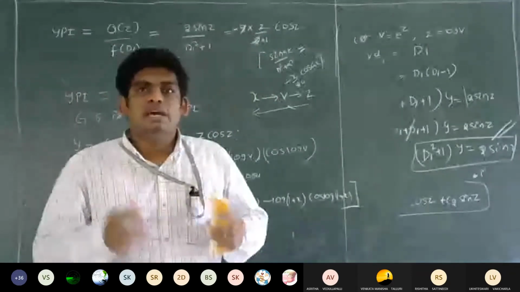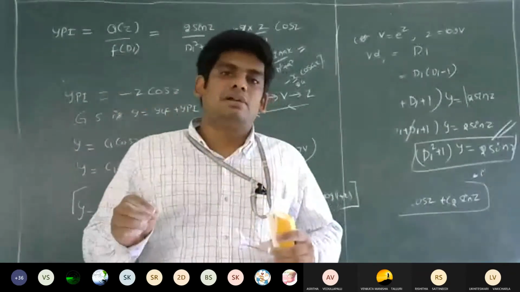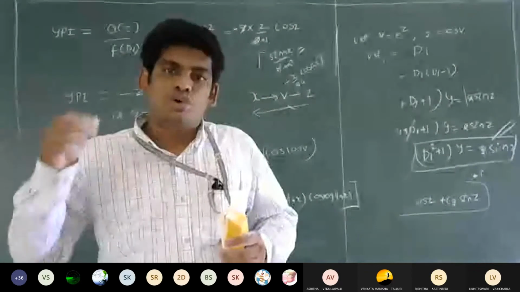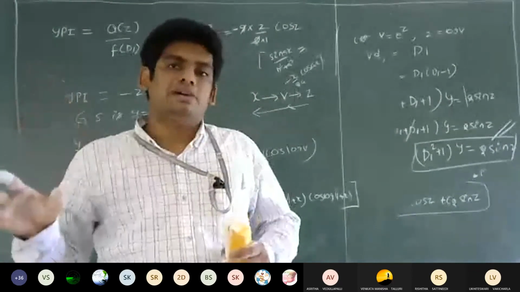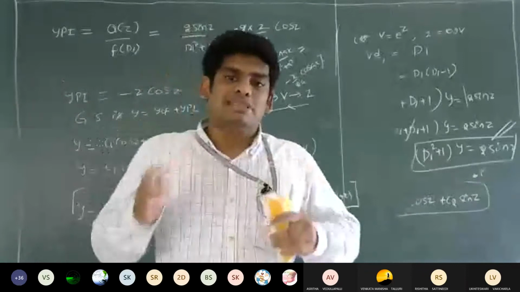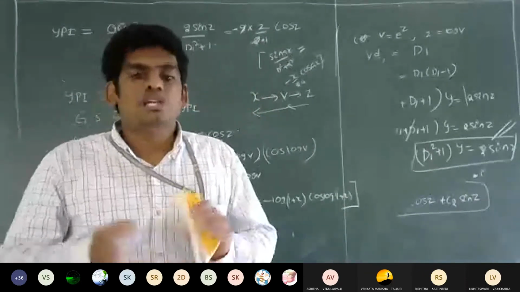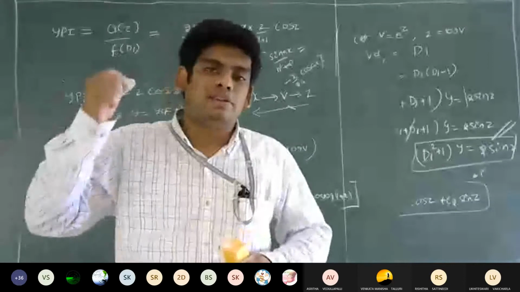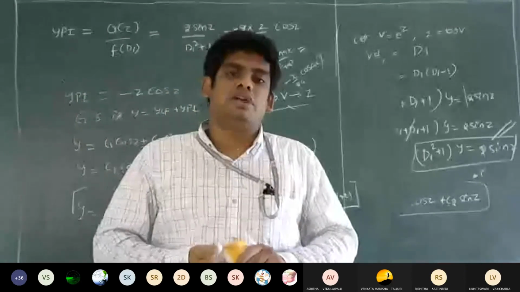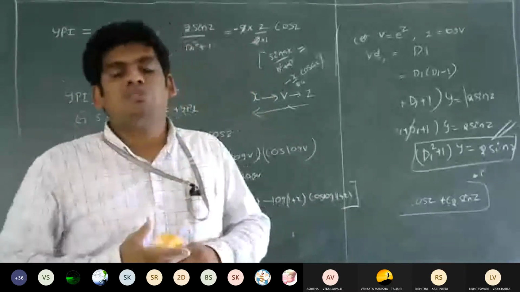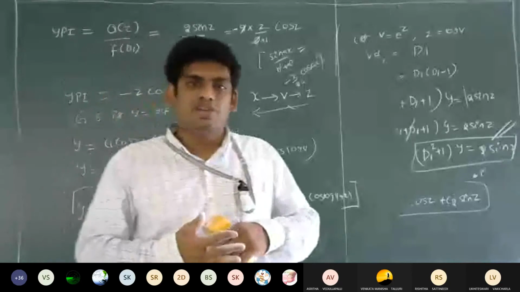Therefore here d by dx is nothing but a into d by dv. Next, d square by dx square is nothing but a square into d square by dv square. Just substitute the required values in the given Legendre type differential equation. Automatically it is transformed to a Cauchy-Euler type differential equation.